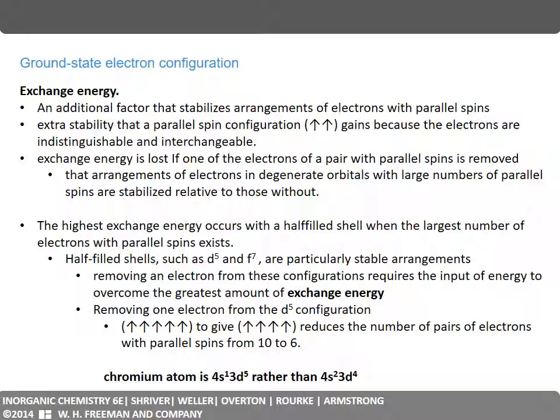As we noted in a previous slide, this is because the parallel spin configuration, let's say in this case ms 1/2 and another ms 1/2, comes from the fact that these two electrons are indistinguishable and are readily interchangeable.